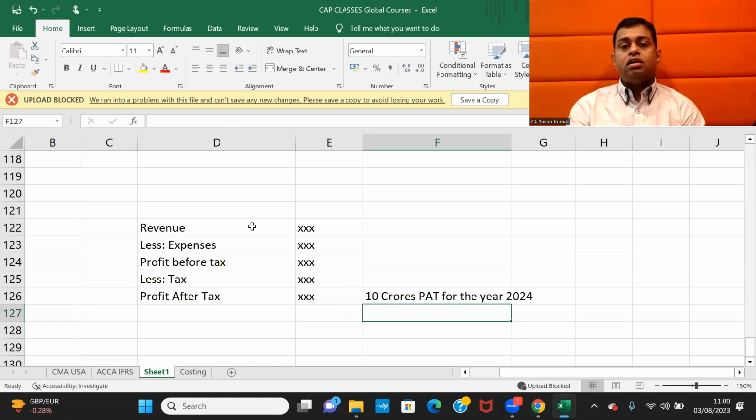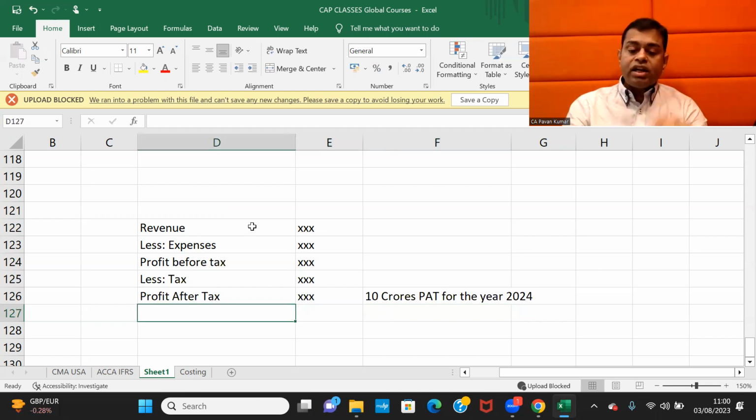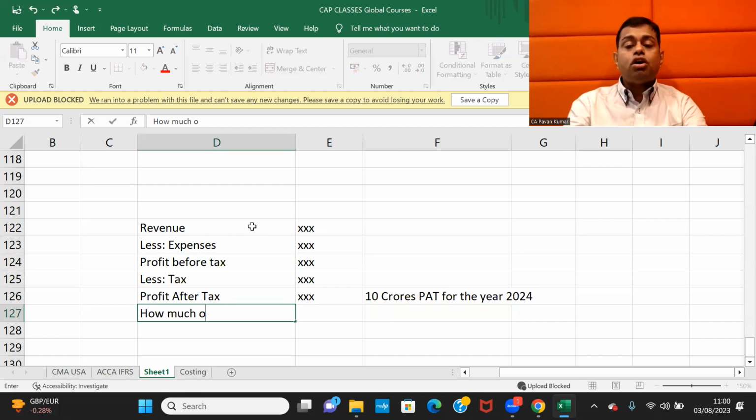At the end of the year, if I am the finance controller, or director finance, or chief financial officer, CFO of the company, it is my decision as to how much of this 10 crores is going to be distributed to owners.